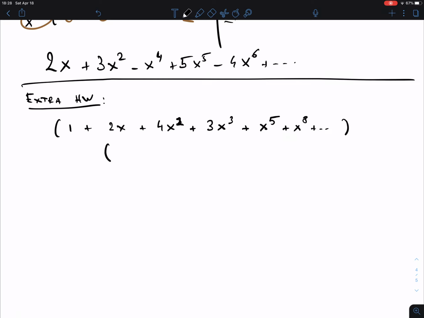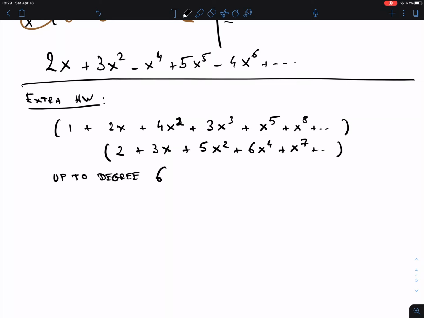Multiply this with 2 plus 3x plus 5x squared plus 6x to the fourth plus x to the seventh, up to degree 6.